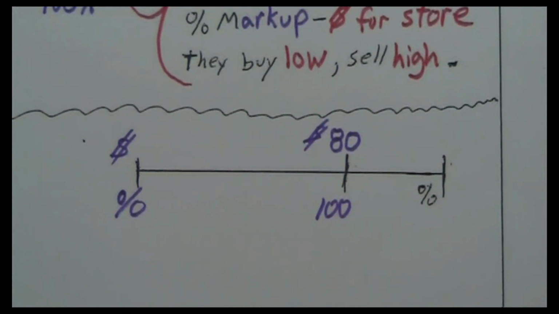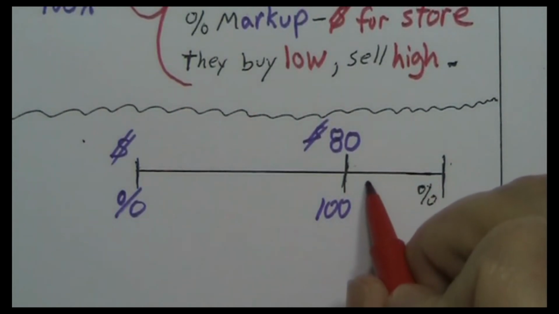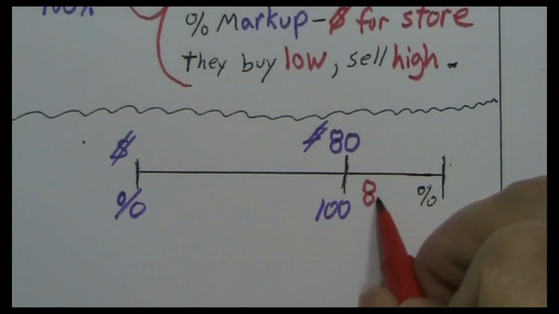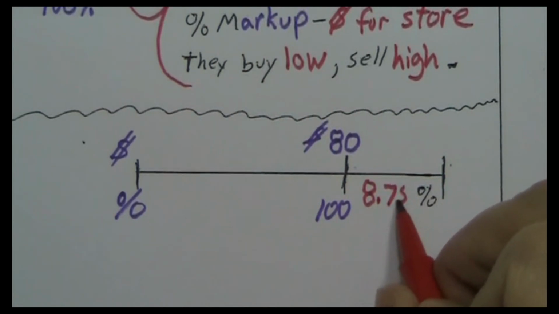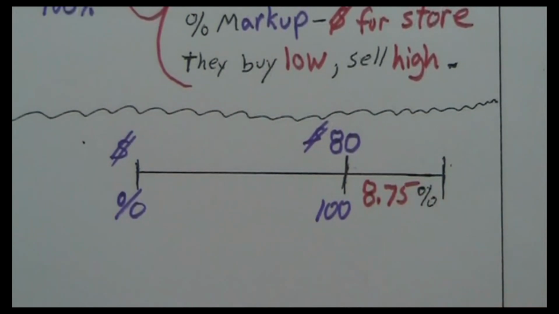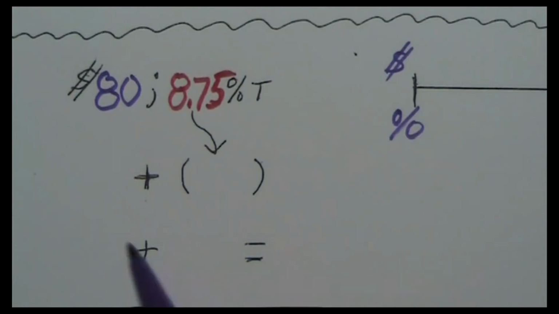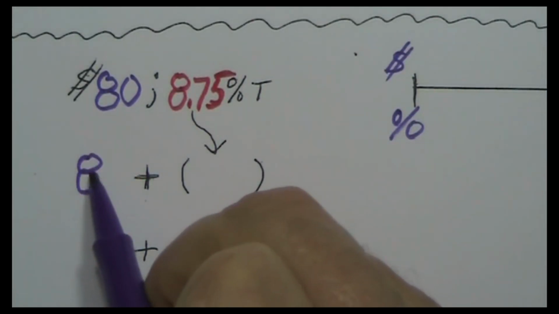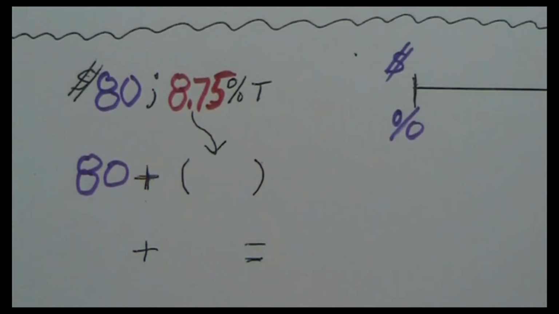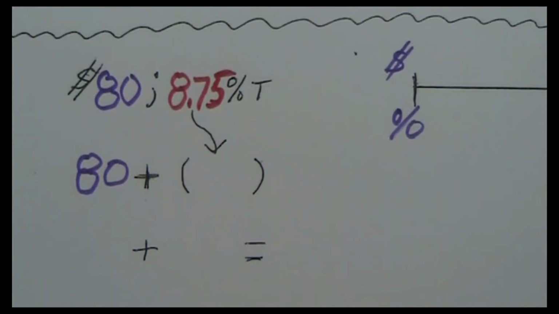But we're going to have to pay more than just $80. Matter of fact, we're going to have to pay 8.75% more. So we're trying to determine how much is it going to cost us then. All right, well, it's going to cost us $80 plus some percentage. Let's see. I need to move the decimal, don't I?